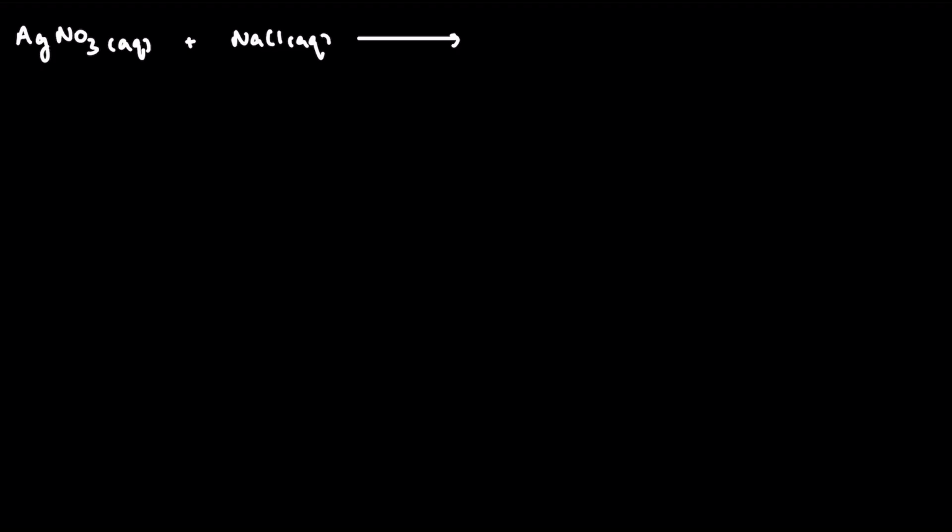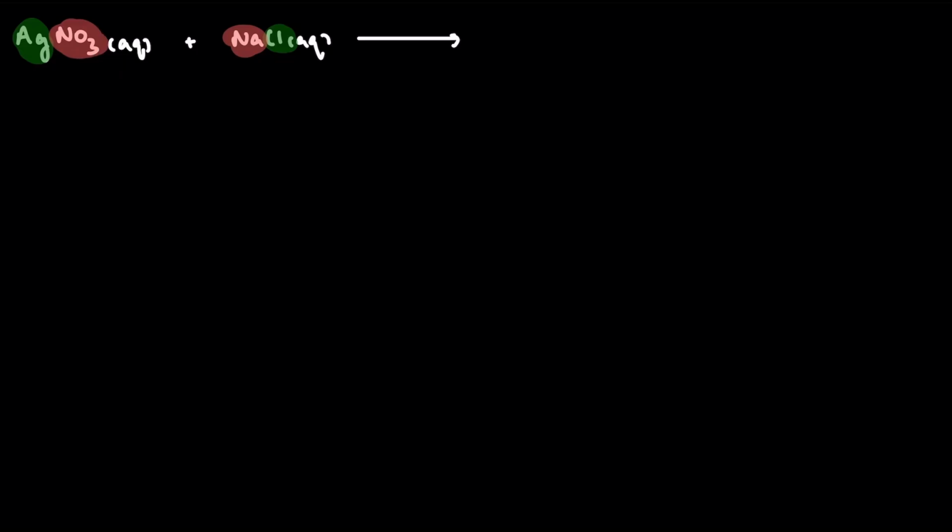Now let's have a look at this example here. We have silver nitrate plus sodium chloride. Again, this is another example of a double displacement reaction. So all we're going to do is swap around the cations and the anions, the cation with the anion.